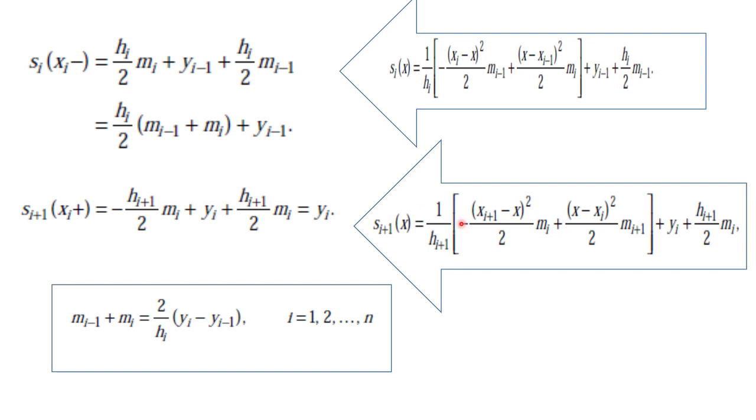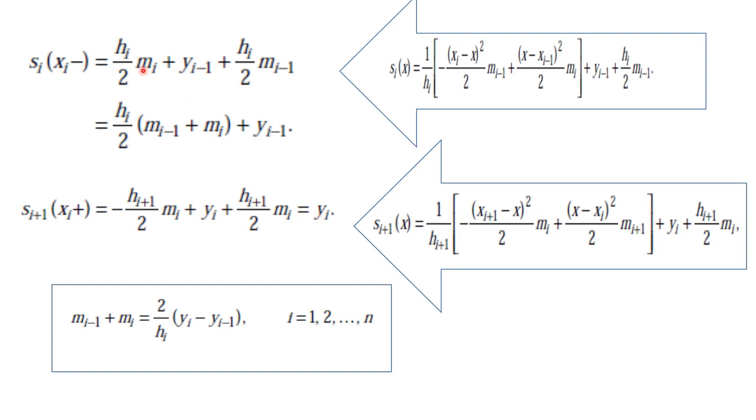And similarly, substituting x equal to xi in Si plus 1 of x, this becomes xi plus 1 minus xi, that is hi plus 1, and this becomes 0. So the result is minus hi plus 1 by 2 mi plus yi plus hi plus 1 by 2 mi. So they are cancelled, so this is equal to yi.